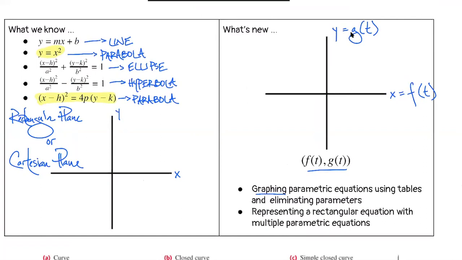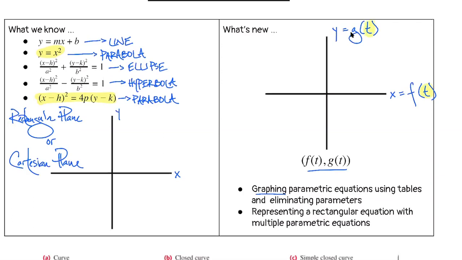And as messy as that sounds, what that gives us is a lot of options in terms of easier ways to describe curves that maybe when we look at the rectangular or Cartesian equation for it, that equation might be really complicated. Okay, but the biggest application for parametric equations is exactly coming from this t.